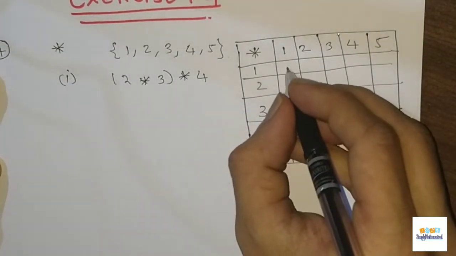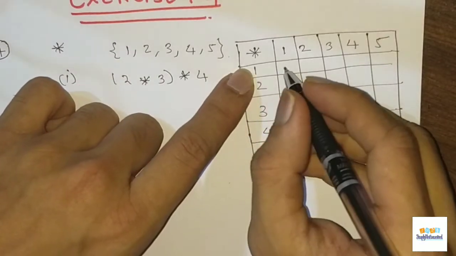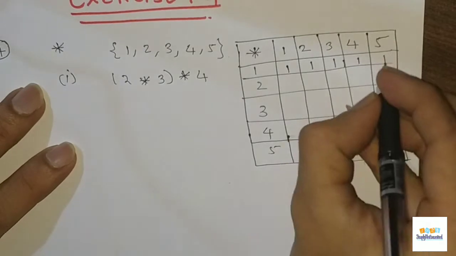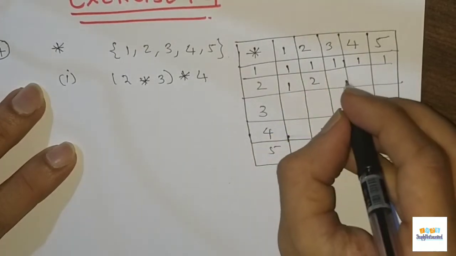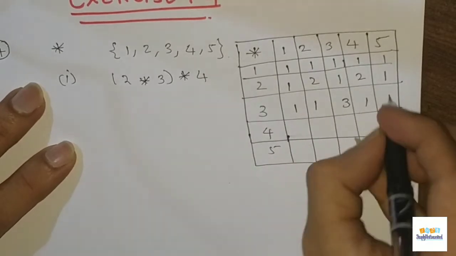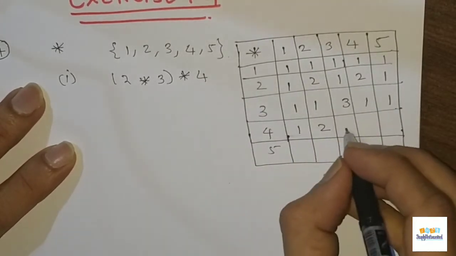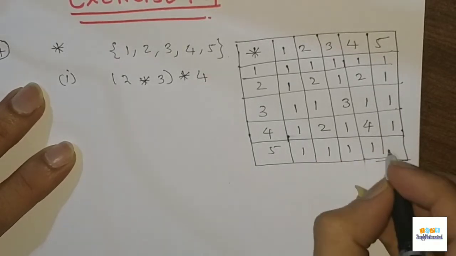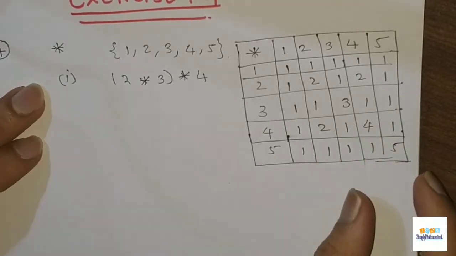I will draw the table as it is: row 1 is 1, 1, 1, 1, 1; then 1, 2, 1, 2, 1; then 1, 1, 3, 1, 1; then 1, 2, 1, 4, 1; and 1, 1, 1, 1, 5. So this is the table given to you.